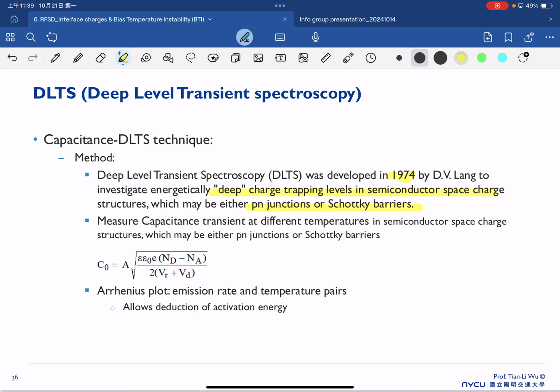So the idea is, let's say for example, we have a PN junction. As you all know, inside the PN junction will naturally form the depletion region or space charge region, which is here.